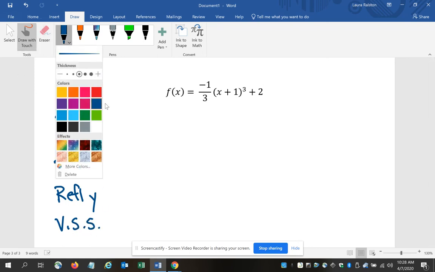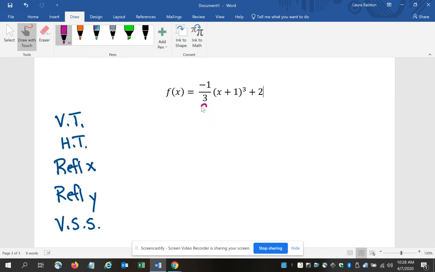Let's identify the players. Okay, so we have A is the number out front, B is inside the grouping symbol with the X, H is inside the grouping symbol, and then K is tagged at the end. K identifies our vertical translation.